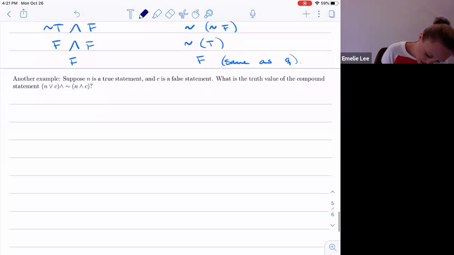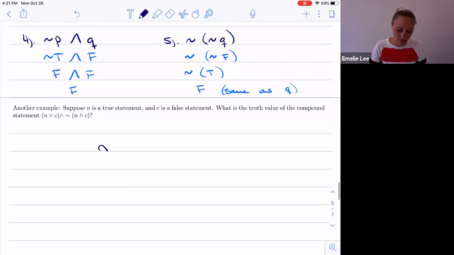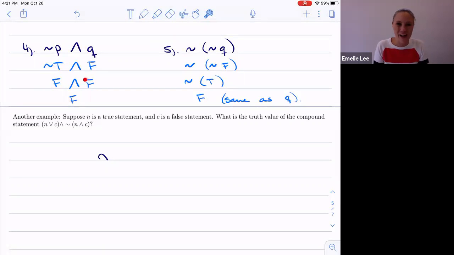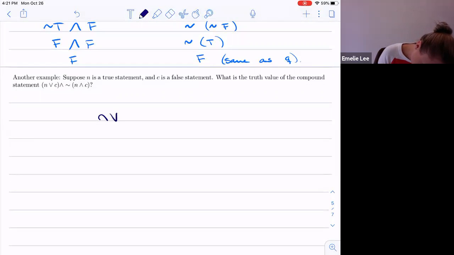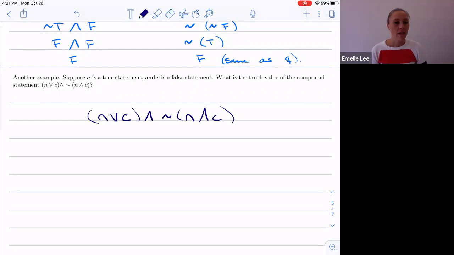So I'm going to put it in the center of the page and fill it in just like we did up here, but now it's going to be way bigger. Okay, here we go.